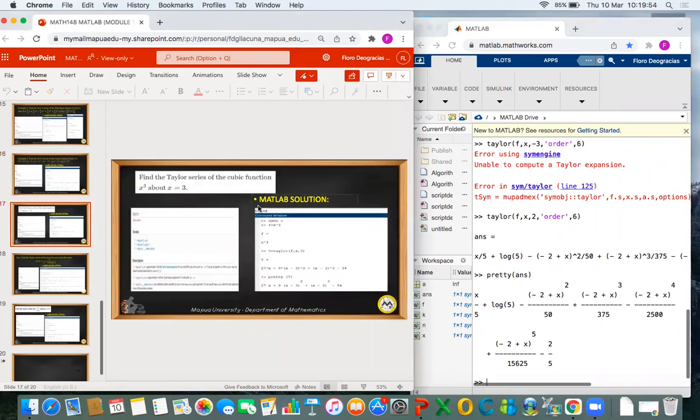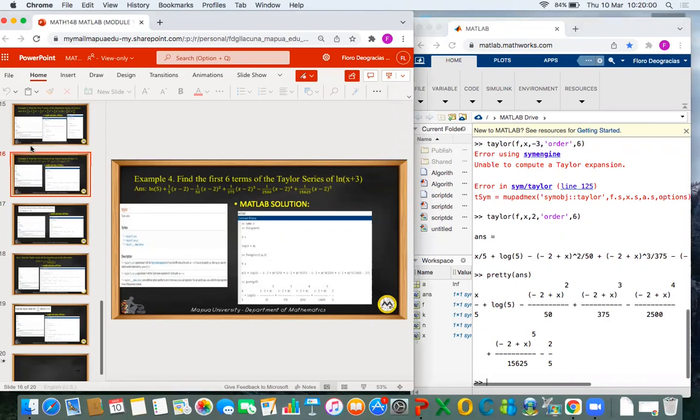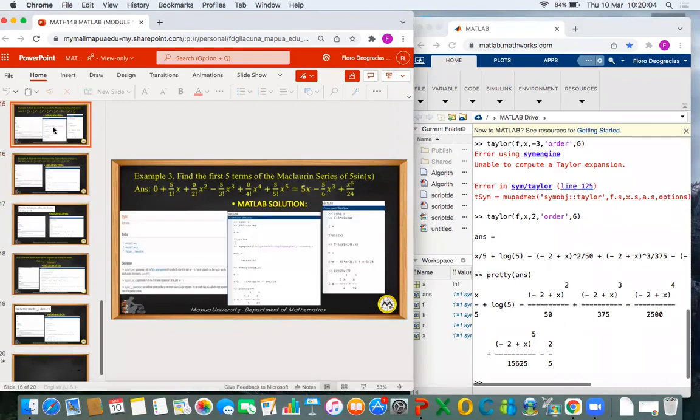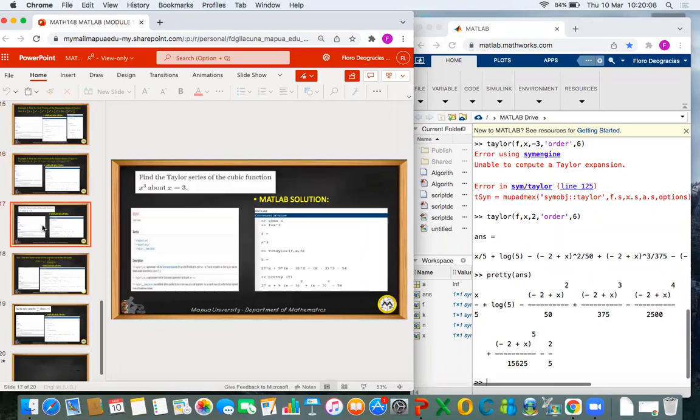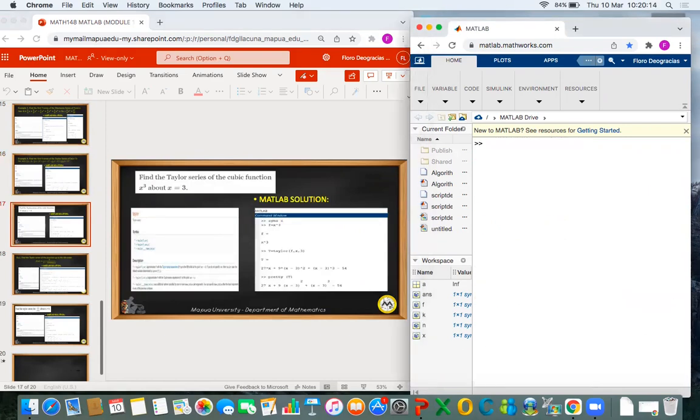So let's have another example here. Find the Taylor series of the function, cubic function x cubed. Okay, let's have this as our last example, class. Let me just clear this now, class. And then let's declare again syms x and then your function to be x cubed.